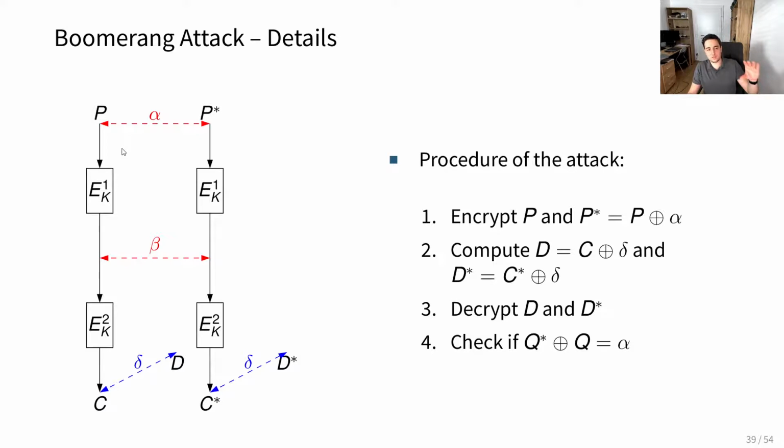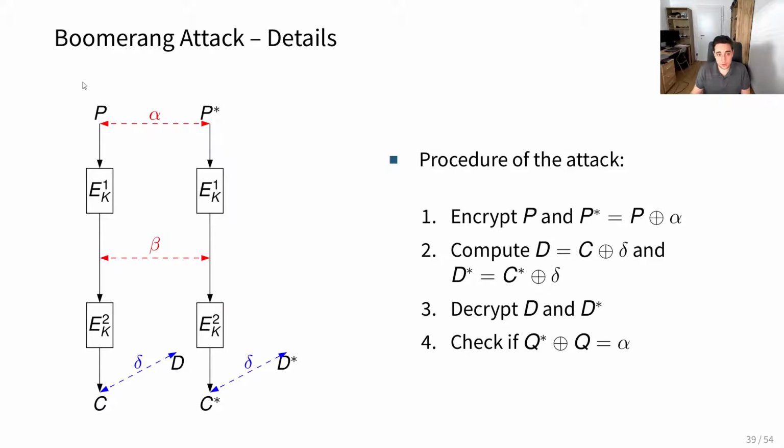So we split the block cipher in two parts. The first part is this E1K and the second part is this E2K. But of course, if we send something to the encryption oracle, it will not give us some intermediate value here. It will always give us the final value.